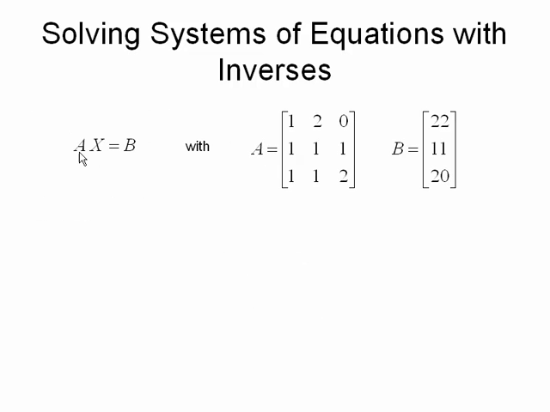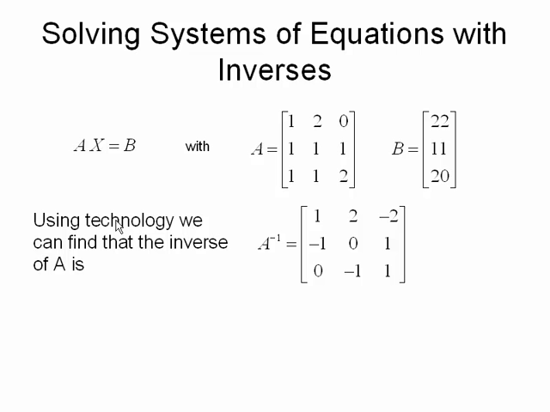So what we have is AX equals B, with A being the 3 by 3 matrix that we talked about before, with 1, 2, and 0 in the first row, 1, 1, 1 in the second, 1, 1, 2 in the third, and the constant matrix being 22, 11, and 20 in one single column.